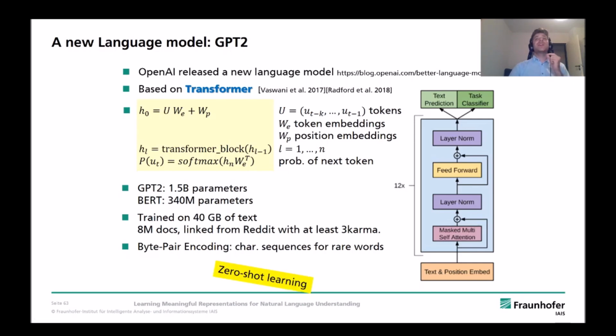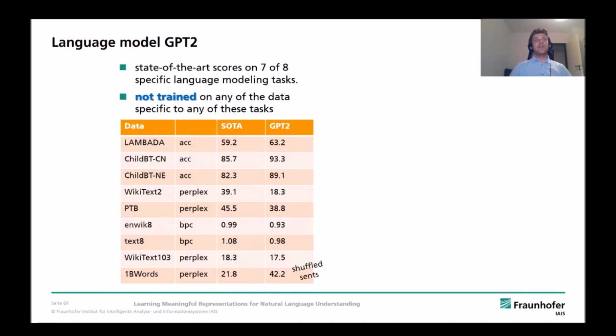What GPT-2 is especially good at is zero-shot learning. That is, performing on tasks which it hasn't seen during training. We can see this here on different language modeling tasks. GPT-2 scored state-of-the-art results in 7 of 8 specific language modeling tasks without being trained on the training sets of these tasks.